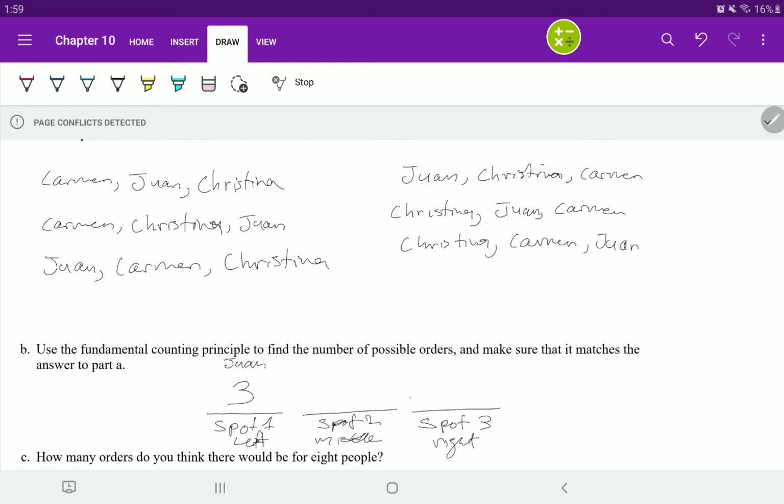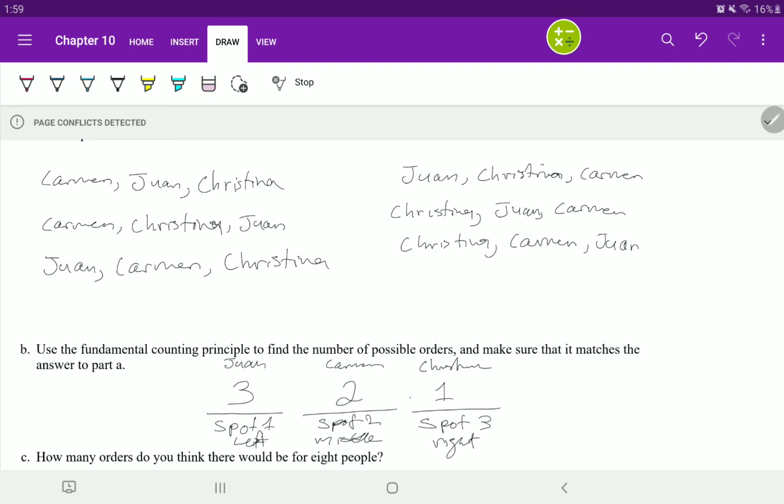How many people can go in the middle spot, which is the second spot? It can either be Christina or Carmen, which means there are 2 people that can go there. So let's say I put Carmen there, which means only 1 person can go in the last spot, which will be Christina.